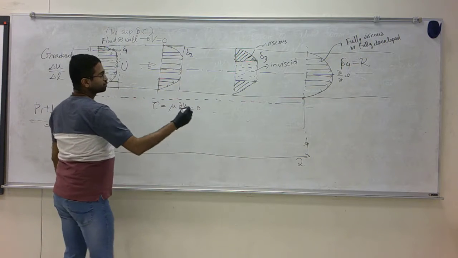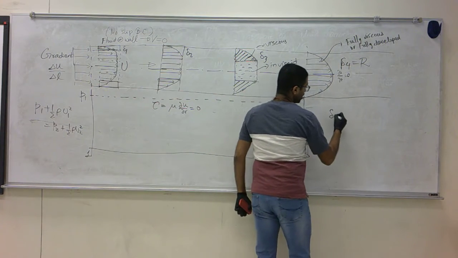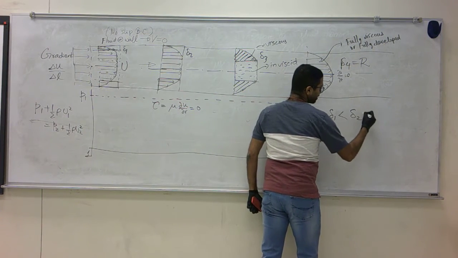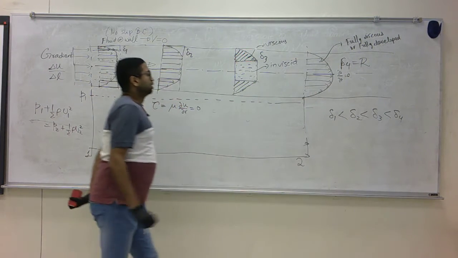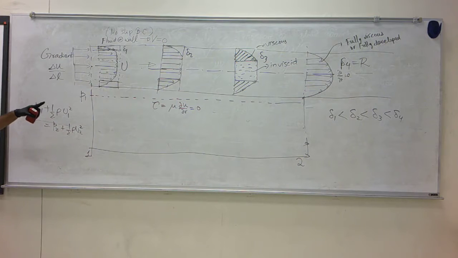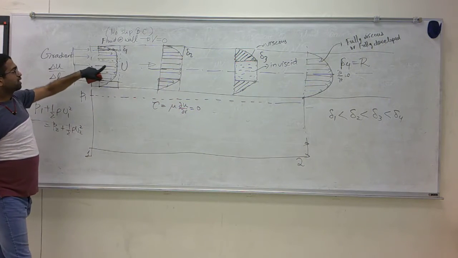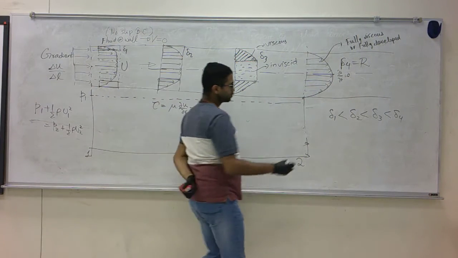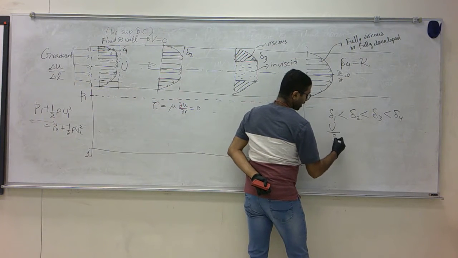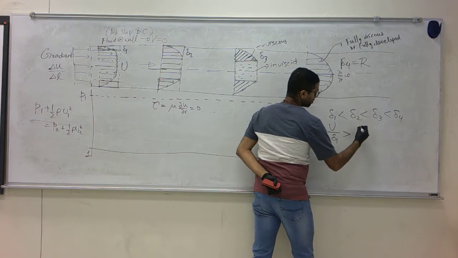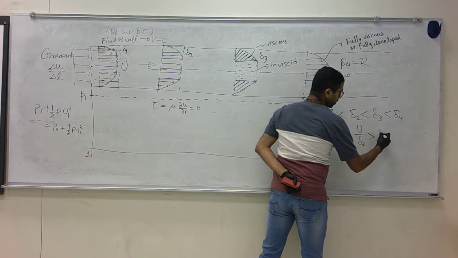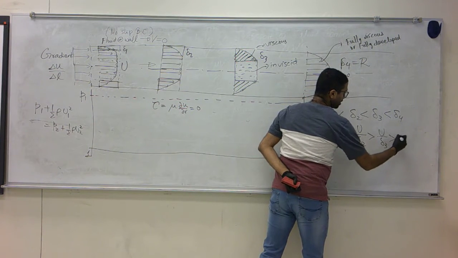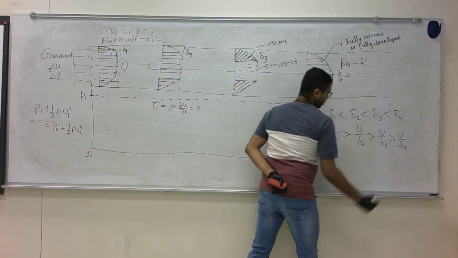And we know that delta 1 is less than delta 2, less than delta 3, less than delta 4. So if I think about the velocity gradient at each of those 4 locations, u divided by delta 1 must be more than u divided by delta 2, u divided by delta 3, and u divided by delta 4.